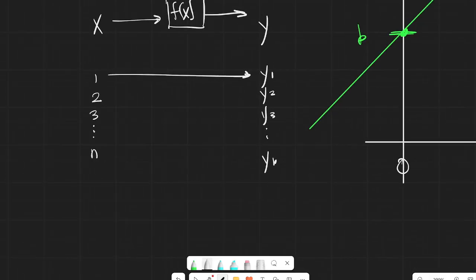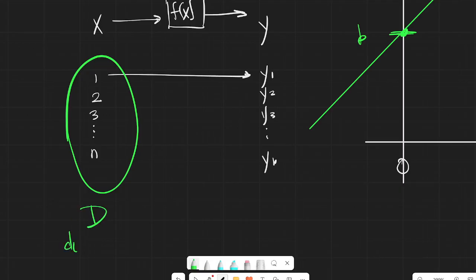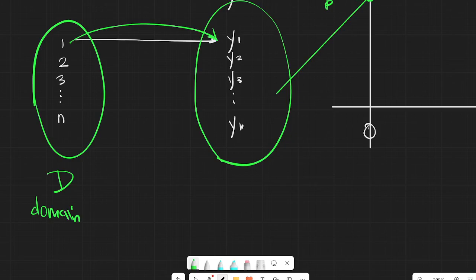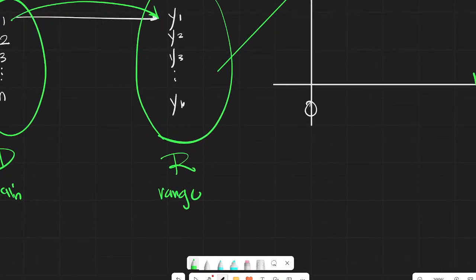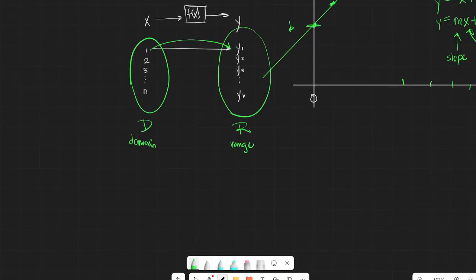We see right here that a function, from what we've learned, takes an input in this set, which we'll call D, which stands for domain, and it assigns a unique value in this set of numbers, which is called the range. We'll call it capital R. There will be plenty of different uses for the letter R in this class. For now, we're going to call it range.